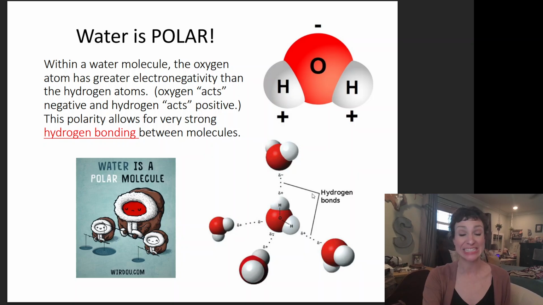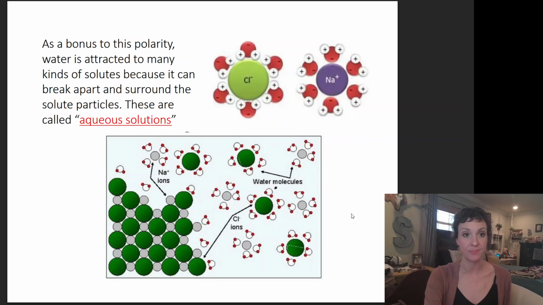So hydrogen bonding is the strongest type of intermolecular force, and it occurs when you have hydrogen that is bonded to either a nitrogen, oxygen, or fluorine. We've totally got an oxygen in that water molecule, and it allows for a lot of cool stuff because of this polar hydrogen bonding nature.